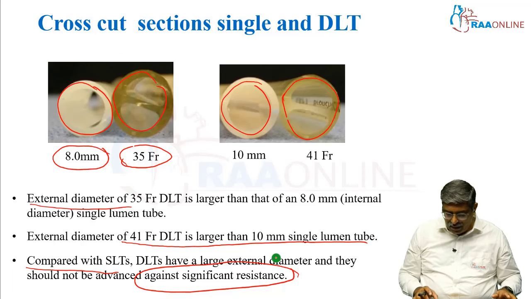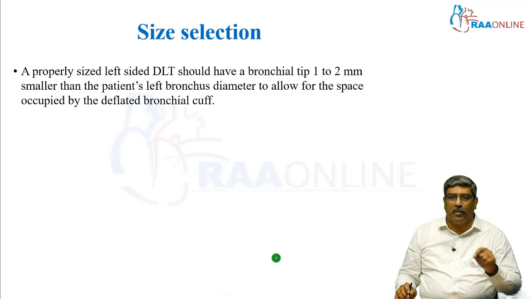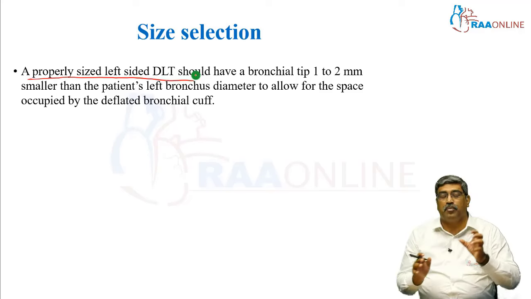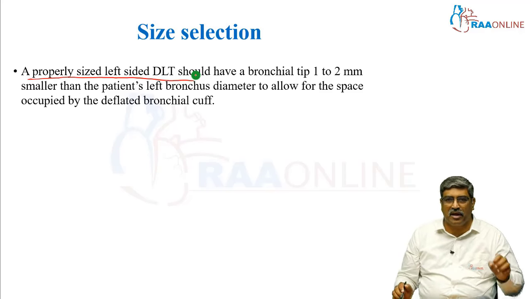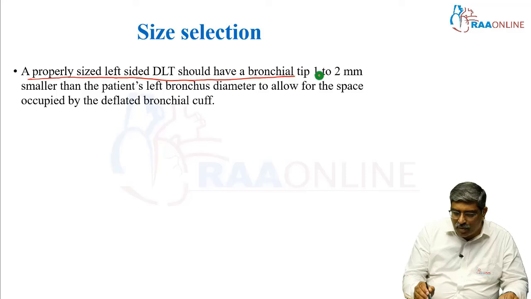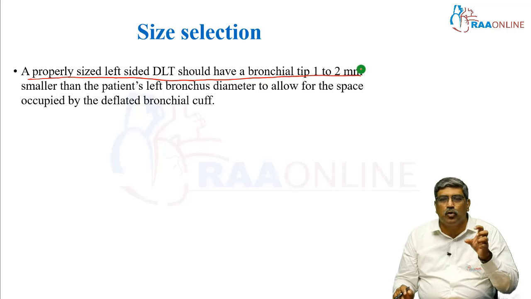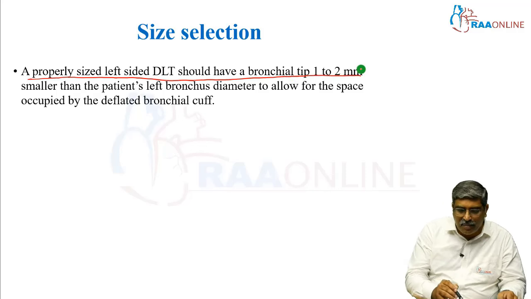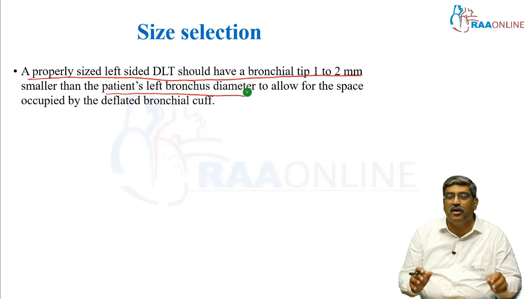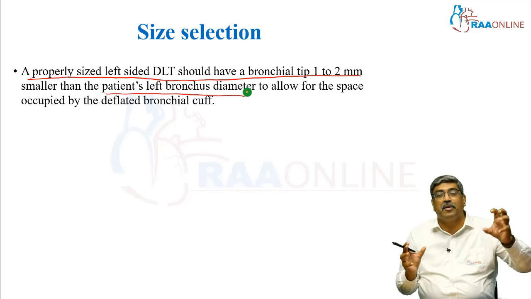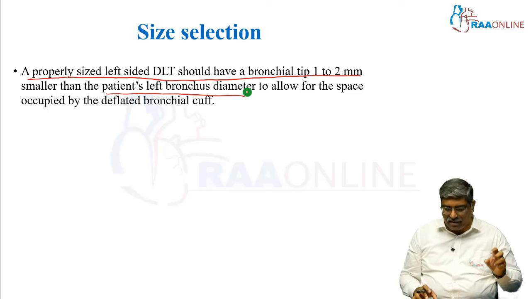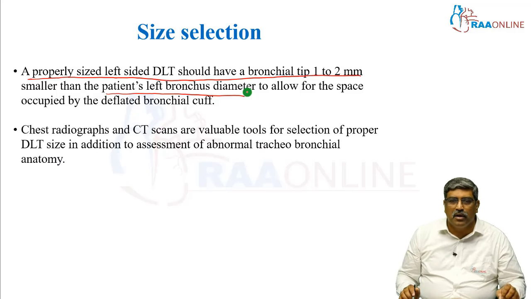That is very important. Now coming to size selection, a properly sized left-sided double lumen tube should have a bronchial tip 1 to 2 millimeters smaller than the patient's left bronchus diameter, which allows space occupied by the deflated bronchial cuff. That is very important.